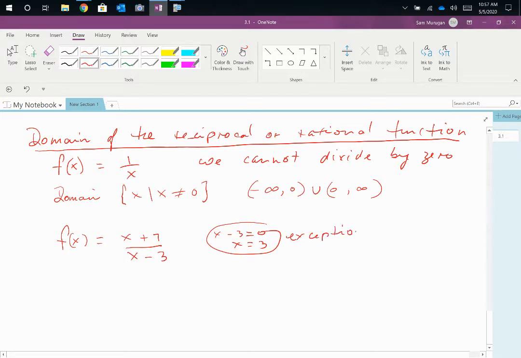In other words, the domain cannot have 3 in it, because if we substitute back 3 in the denominator, we would be dividing by 0. So the domain of this function is that x cannot equal positive 3, or from negative infinity up to 3, jump over 3 and continue to positive infinity.